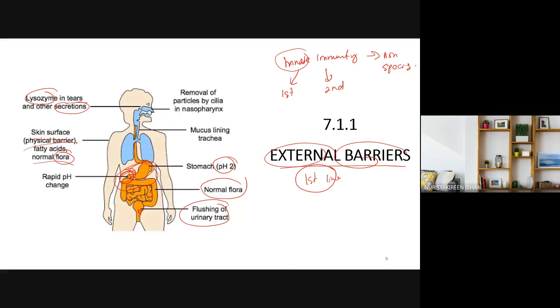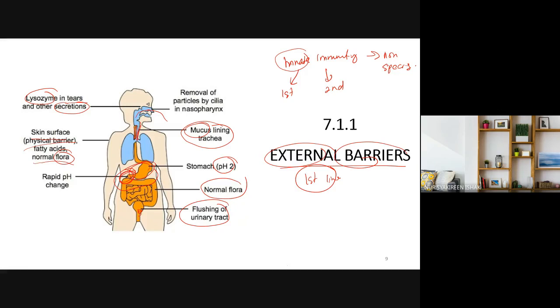Okay, so you have the mucous lining, the trachea. So the trachea are composed of, for example, goblet cells, okay, that is capable of producing mucus. So this mucus will trap any pathogen or debris that you inhaled, okay, from the air outside. So air that you inhale is contaminated.